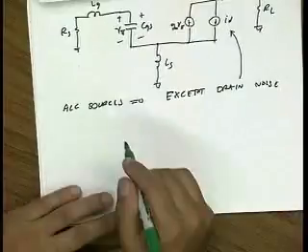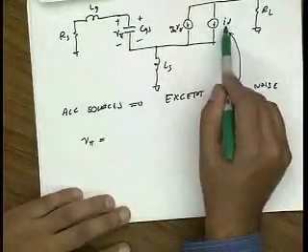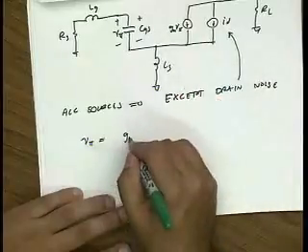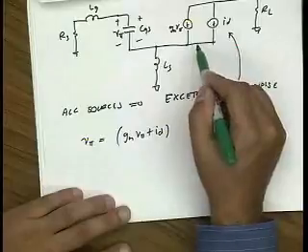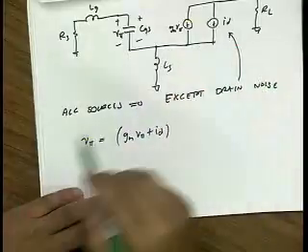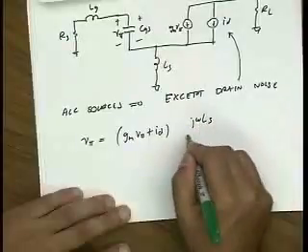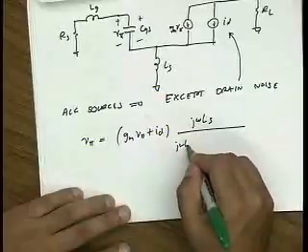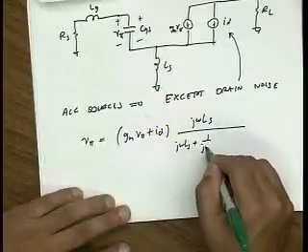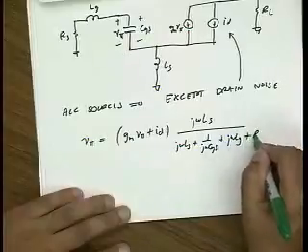All right? So V pi is equal to I drain plus Gm V pi. These are the two currents flowing in, and then I have a current divider. So the current going in this branch is the impedance of this branch, j omega Ls, divided by the sum of the impedances in both branches, which is j omega Ls plus 1 over j omega Cgs plus j omega Lg plus Rs.